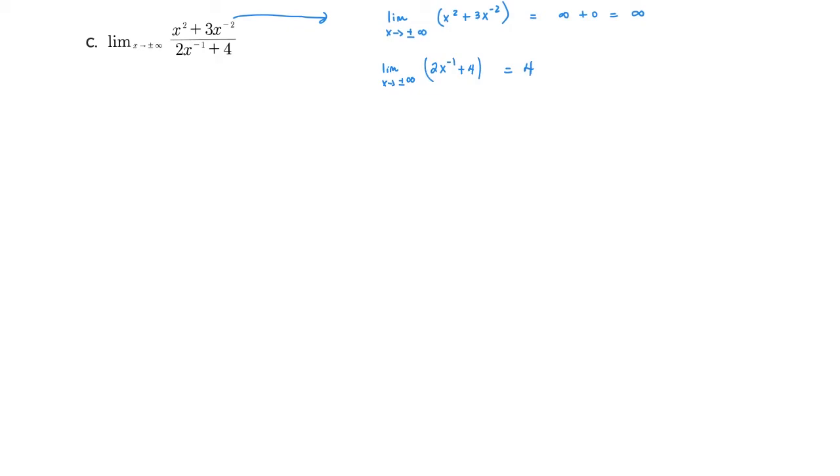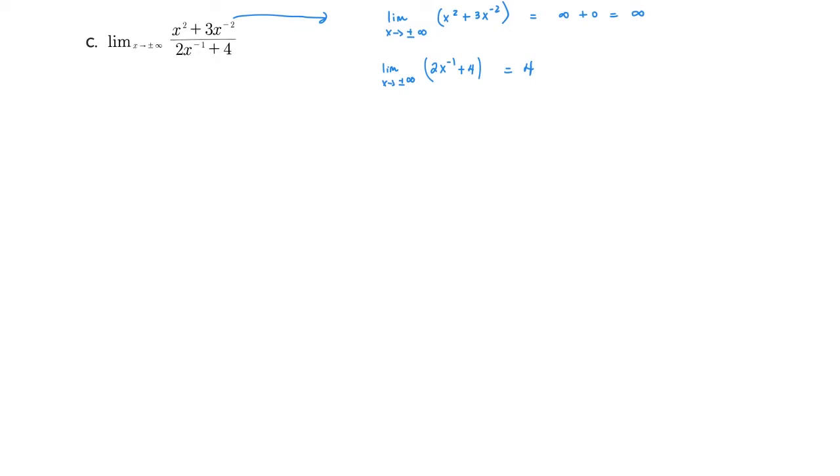This is where we're going to use part 6 of the limit laws that we discussed a while ago. Even though the limit of the numerator is infinite, I have an infinite limit at infinity, and the limit of the denominator is finite. Number 6 of the limit laws says that I can apply the limit to the numerator and denominator, and I'm going to get a result.